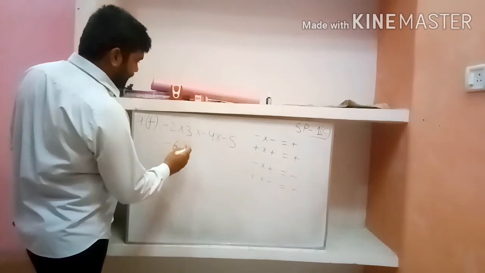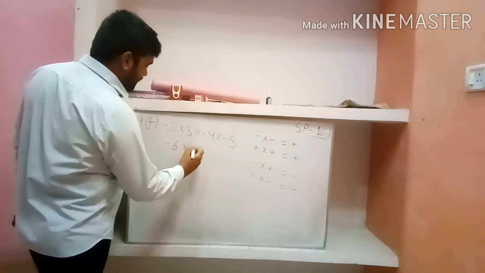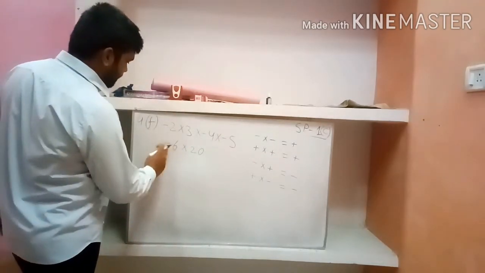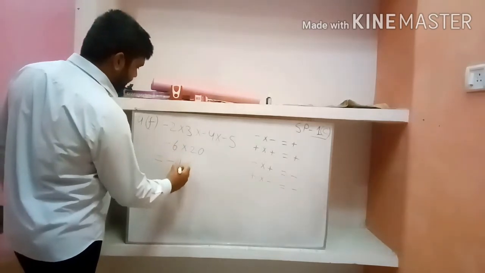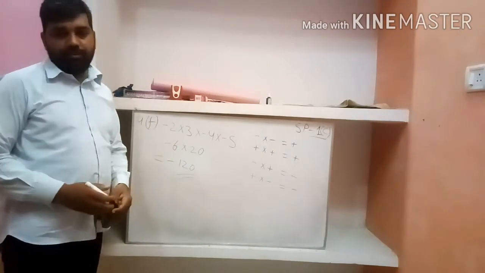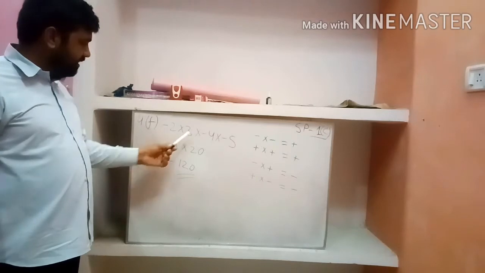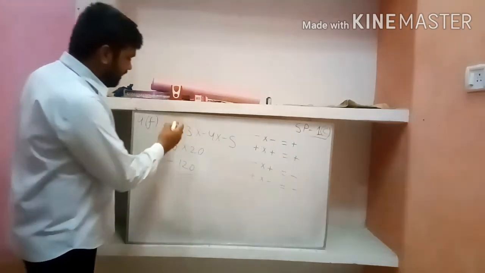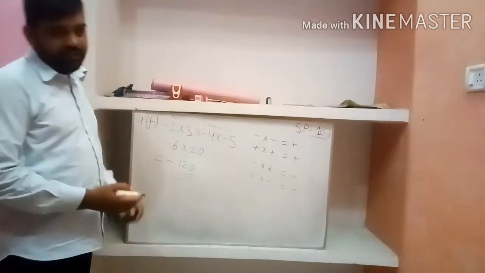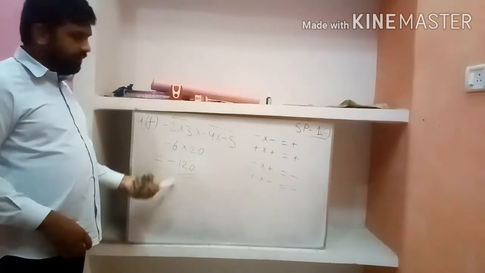Here you see, minus times minus gives plus, and 4 fives are 20. Now you can see here, minus times plus gives minus, and 20 sixes are 120. Like this we can do. First minus plus minus, 2 threes are 6, minus 6. Here I have taken another pair. Minus minus plus, 4 fives are 20. That is the plus, right? Now again minus times plus, 6 twenties are 120.